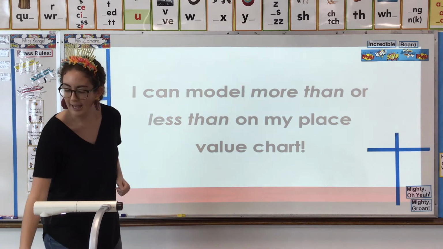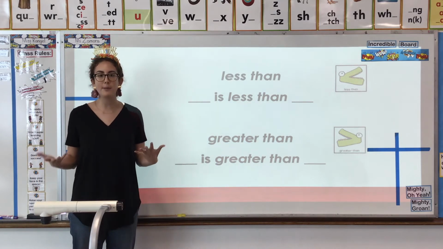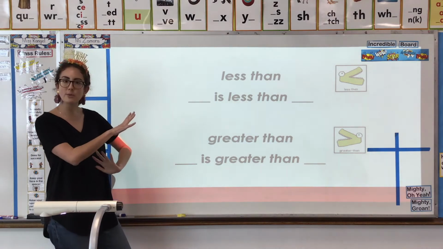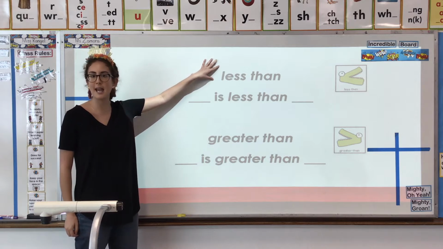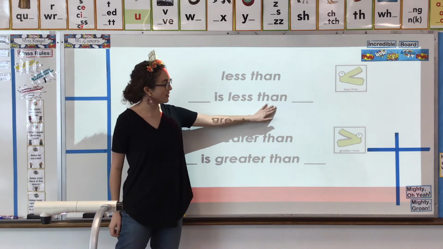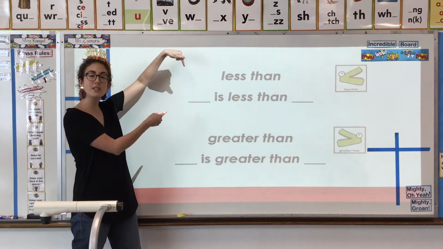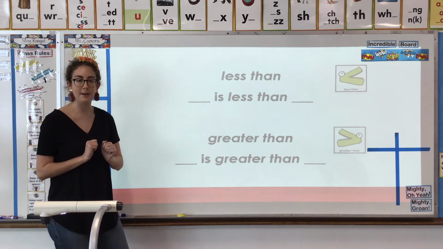So, as we mentioned, last week we were using our math vocabulary to describe those number relationships. As a review from last week, we were using the term less than to say this number is less than that number, to describe that this first number in our sentence was smaller, so it was less than.